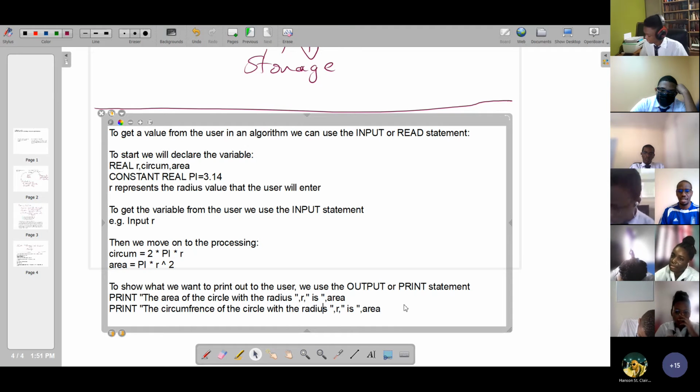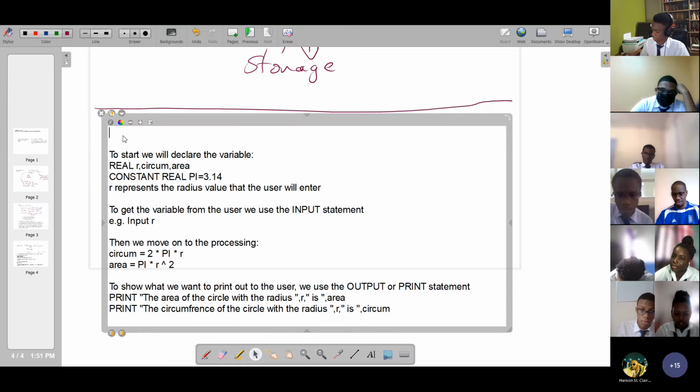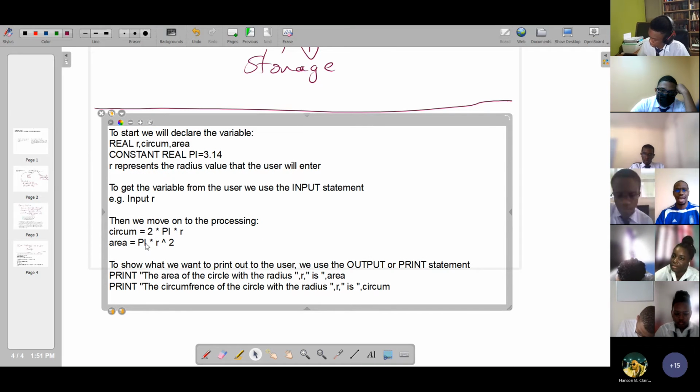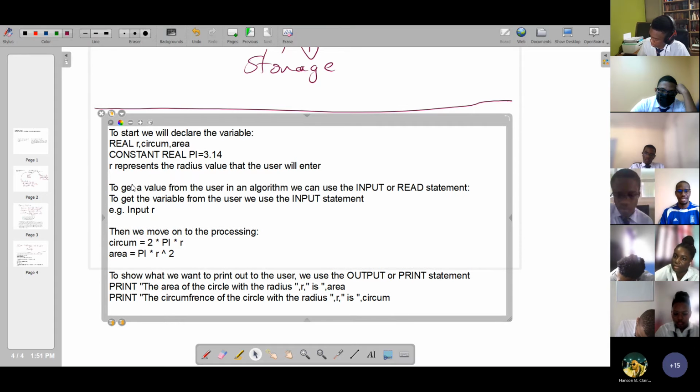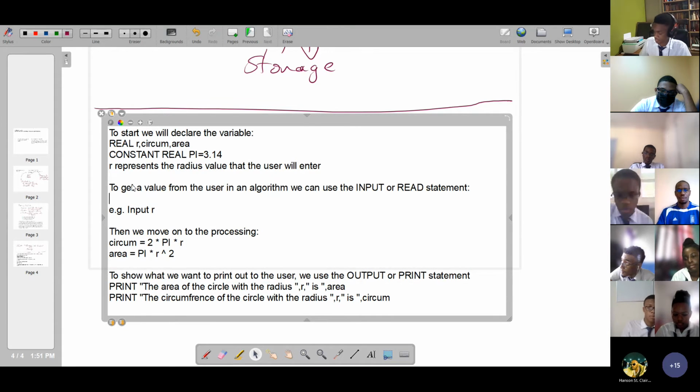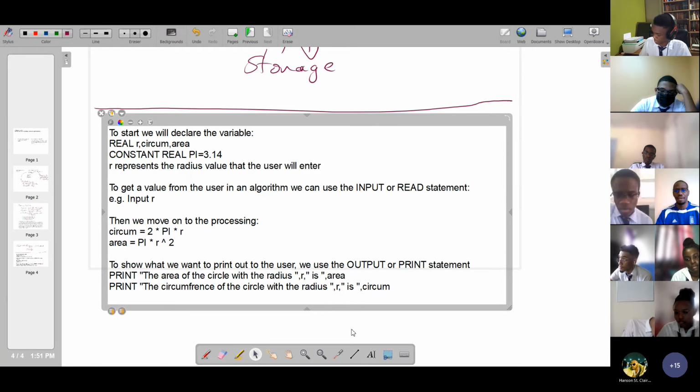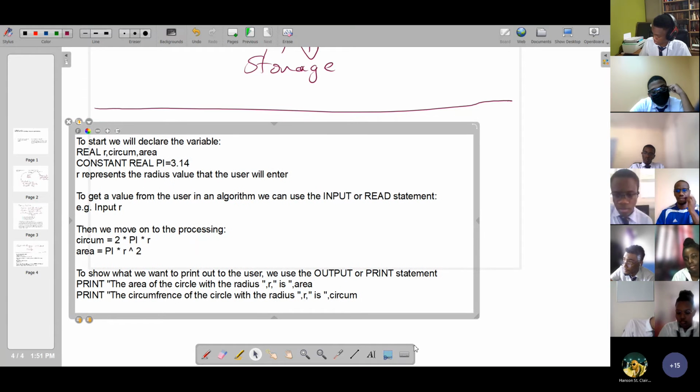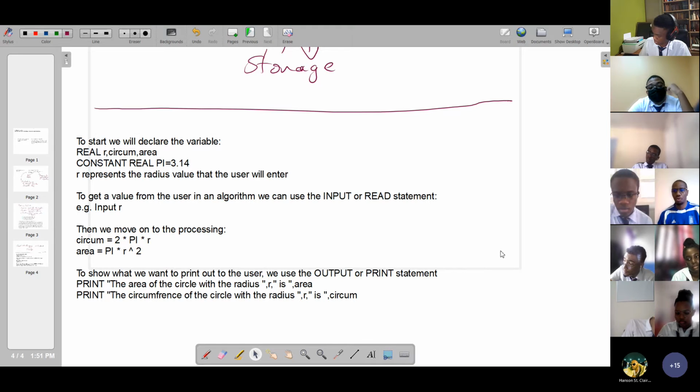Circumference of the circle with the radius R is, and now if we were to run this, as in if we were to read it and execute it, and think to ourselves, we're going to draw the variables and show what is going to be stored inside of each one of these things.